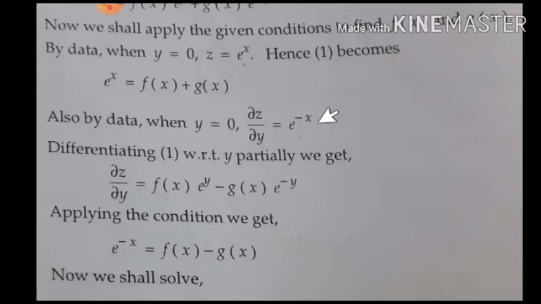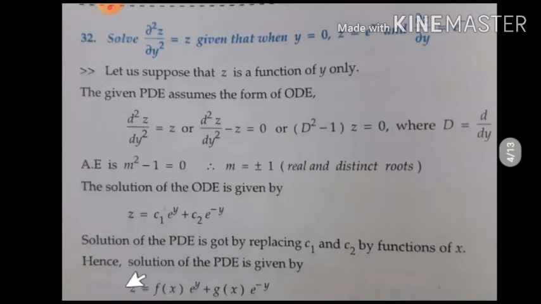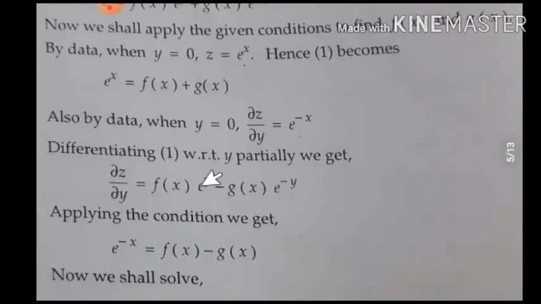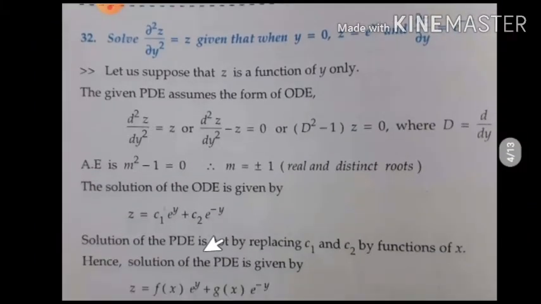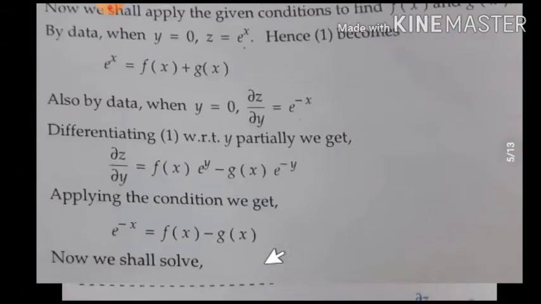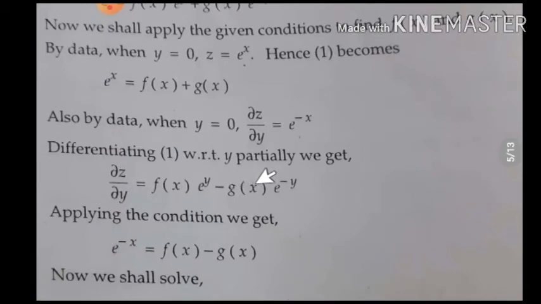So what we need to do is, we need to partially differentiate this z answer with respect to y. So f of x constant, derivative of e to the power of y is e to the power of y. Then g of x constant, derivative of e to the power of minus y is minus e to the power of minus y. See here.